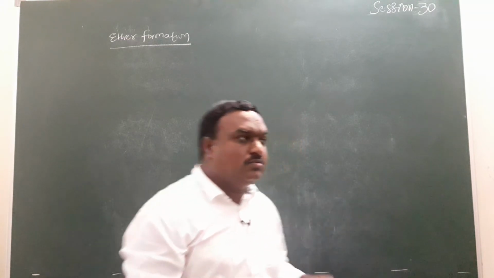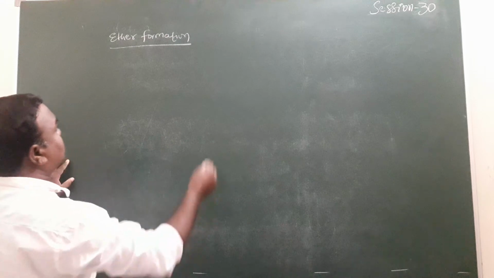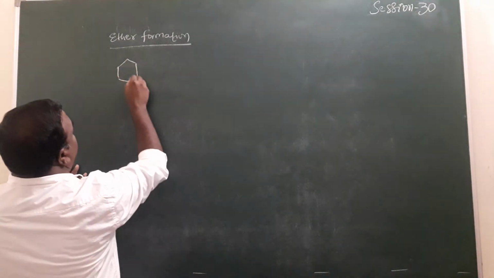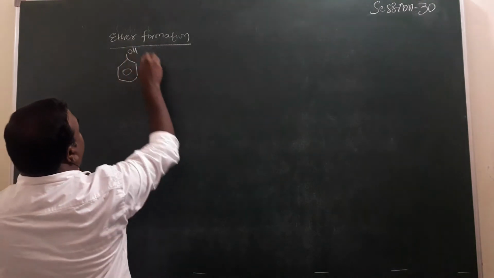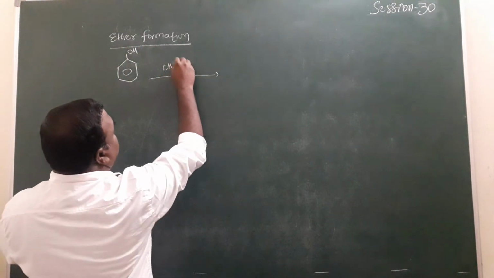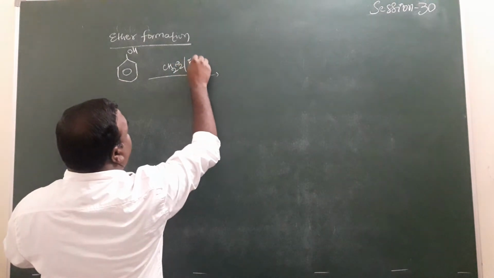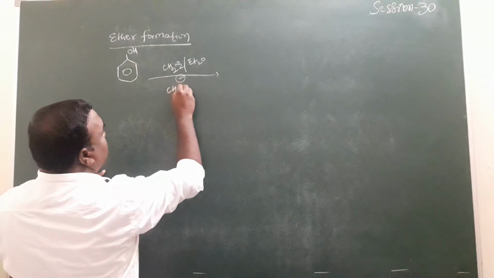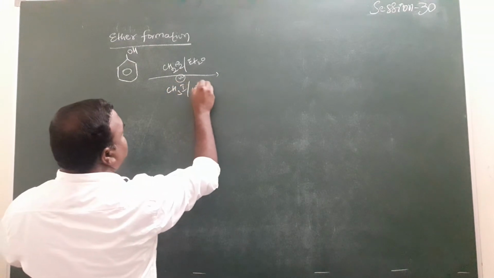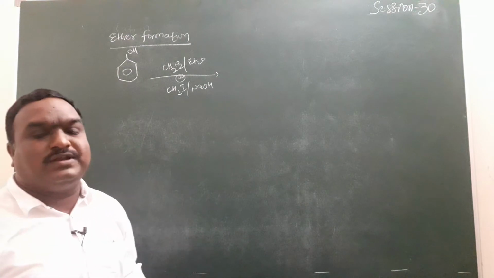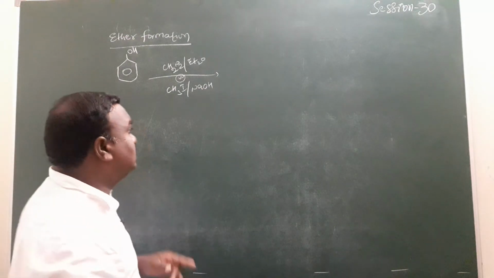So how to write the reaction: here the phenol compound reacts with what here? Methyl diazomethane in the presence of diethyl ether, or methyl iodide in the presence of NaOH, or dimethyl sulfate in the presence of NaOH.